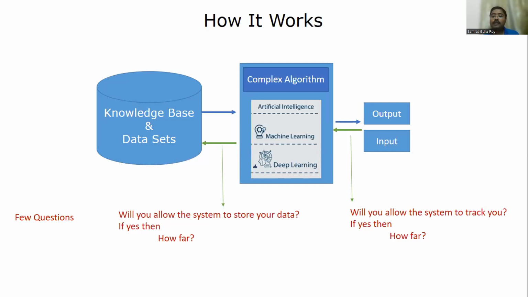But the question is, will you allow the system to track you? If yes, then how far, how long? If the system is storing your data, will you allow the system to store that data? And if yes, how far, how long? What will be the limit?